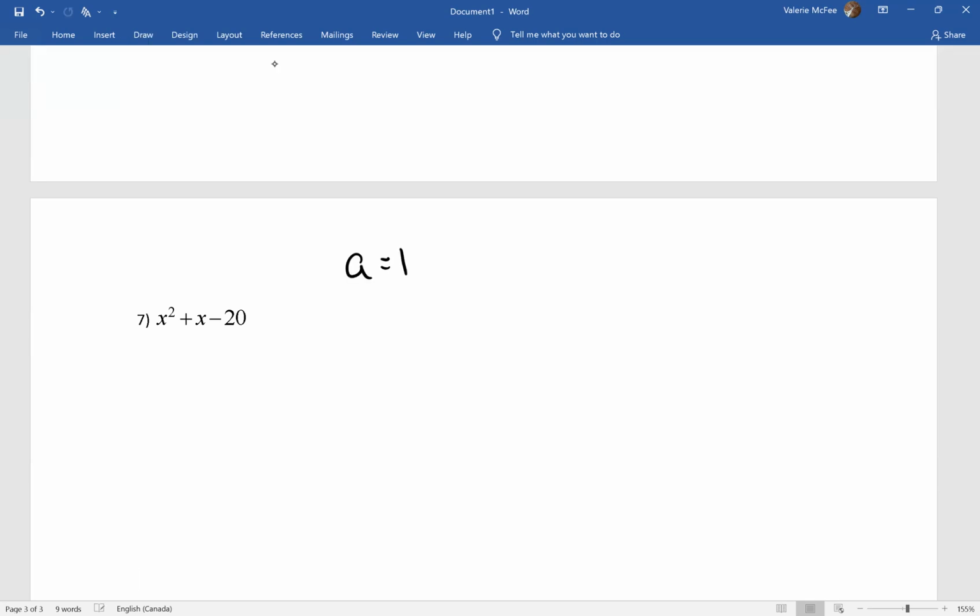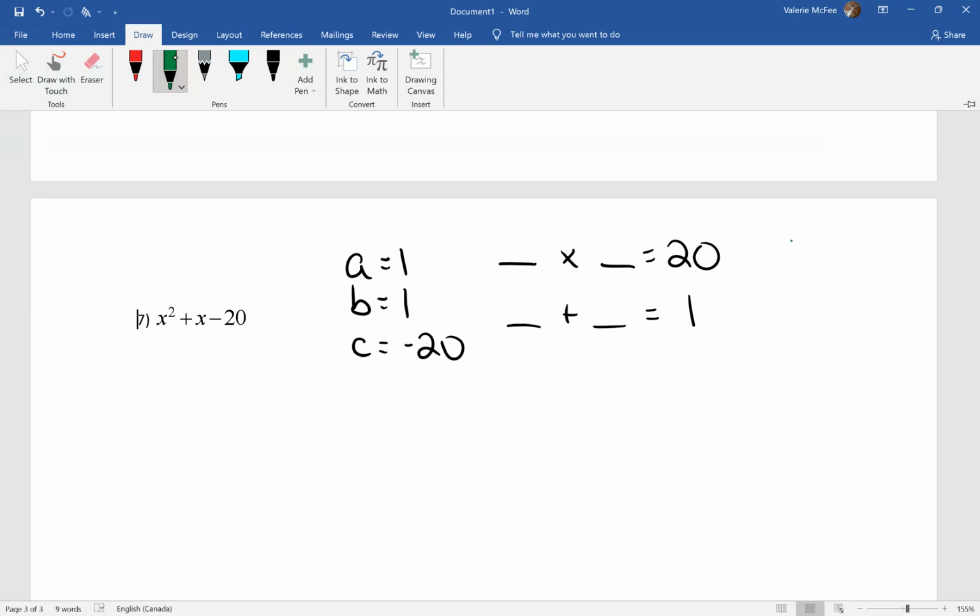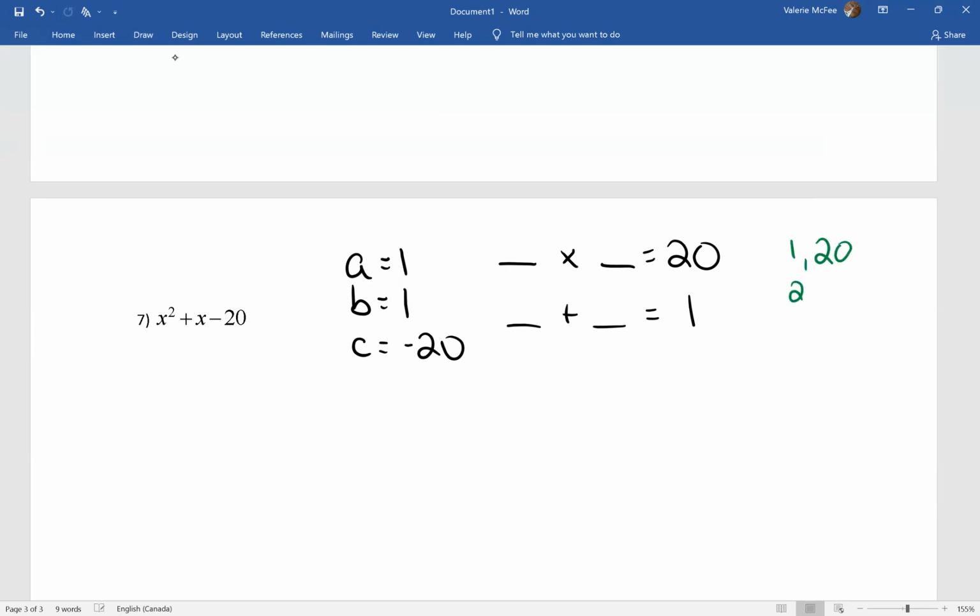A equals 1, B equals 1, C negative 20. Oops, I didn't want that. So two numbers that multiply to equal A times C and add to equal B. I see if I have one of them negative.